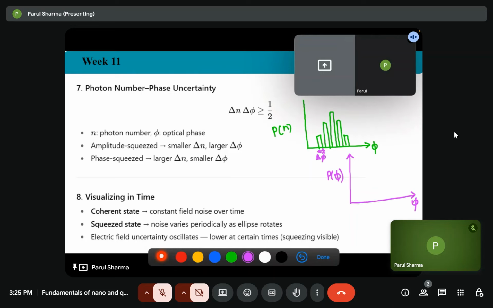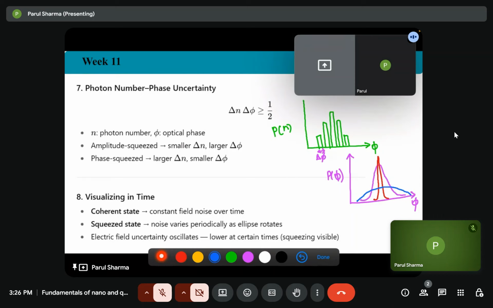So for a general state, coherent state, here we have these three cases.